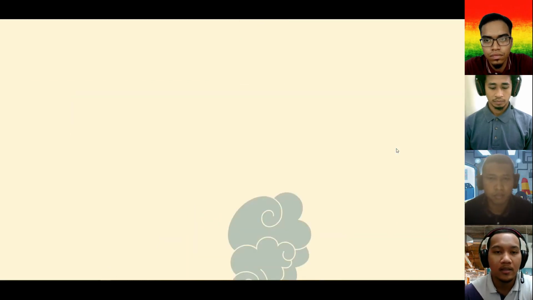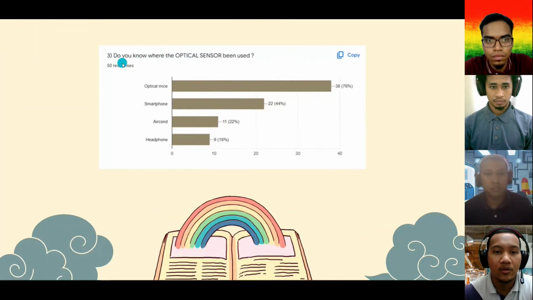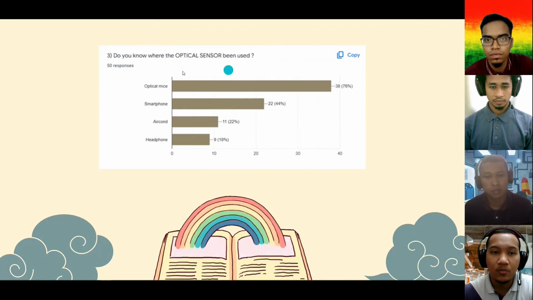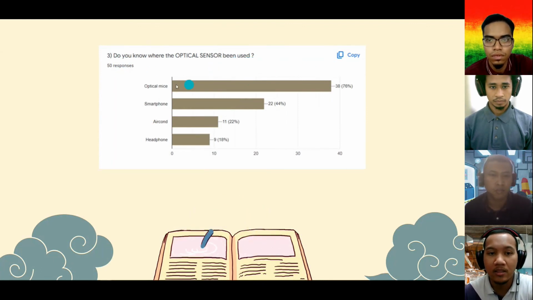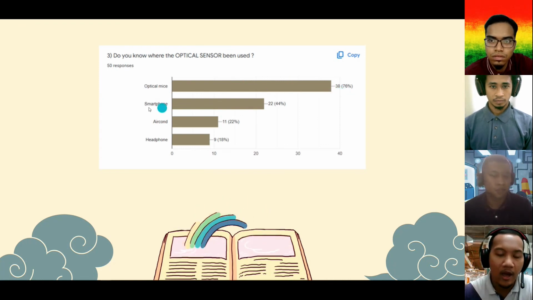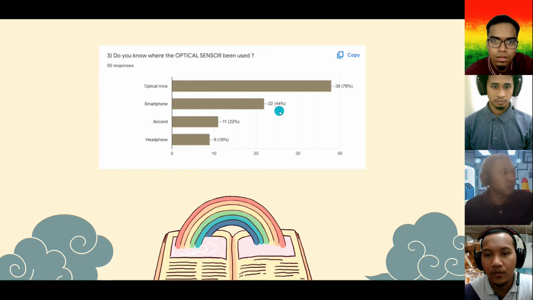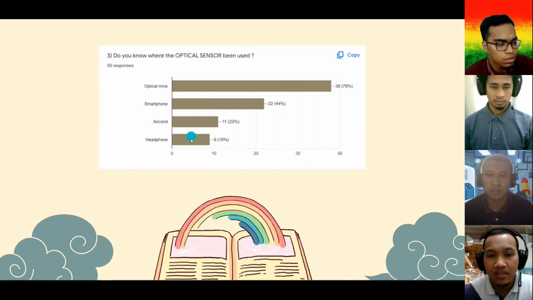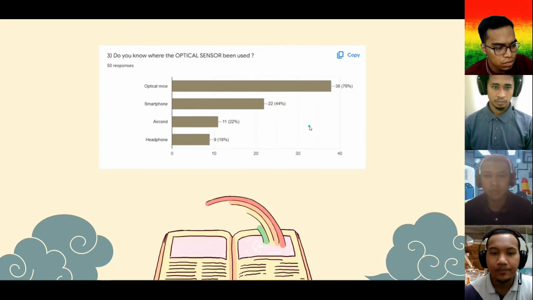Okay. Next, question number 3: do you know where the optical sensor is used? Mostly people answered optical mouse, at 76%, then smartphone at 44%, then icon at 22%, and the last is headphone at 18%.